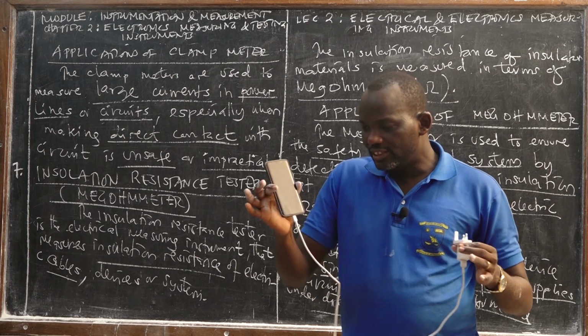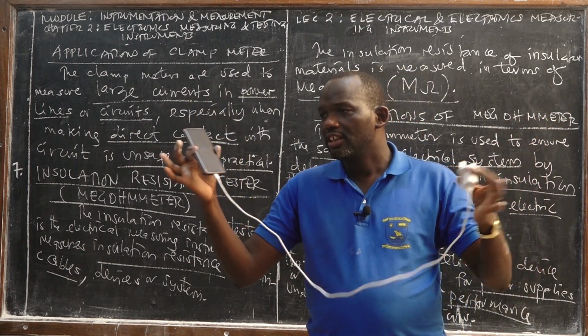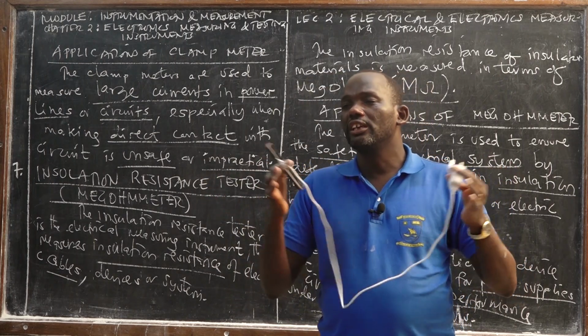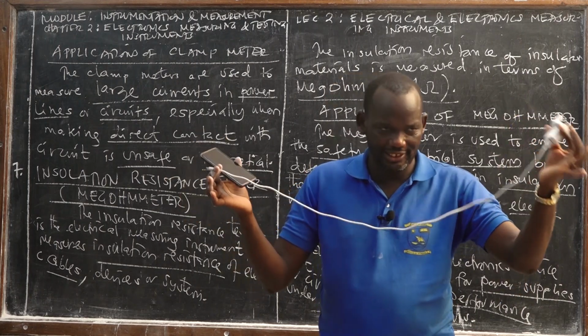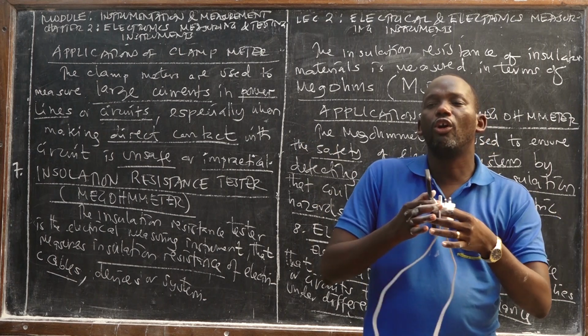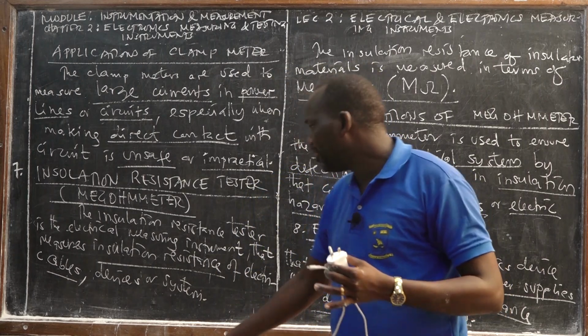So instead, when mobile adapters or chargers are made, engineers and technicians use an electronic load to test the performance of the charger before connecting the actual load. That's the meaning of to simulate.